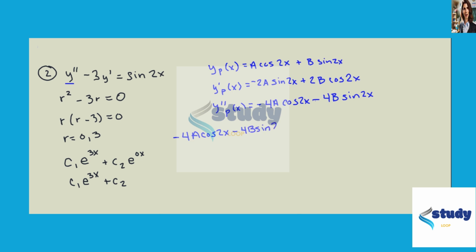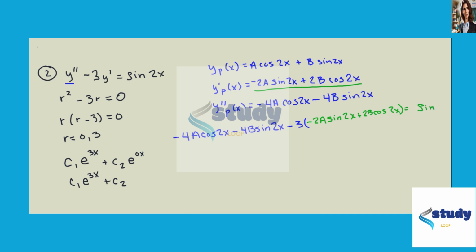Minus 3y prime, which is this equation, negative 2a sine of 2x plus 2b cosine 2x, equals sine of 2x.